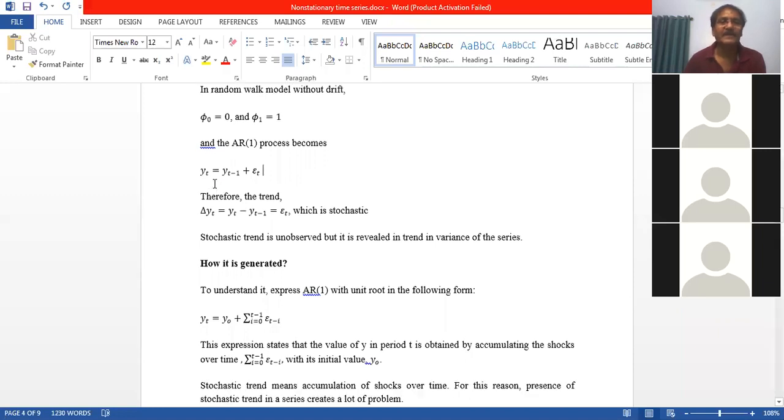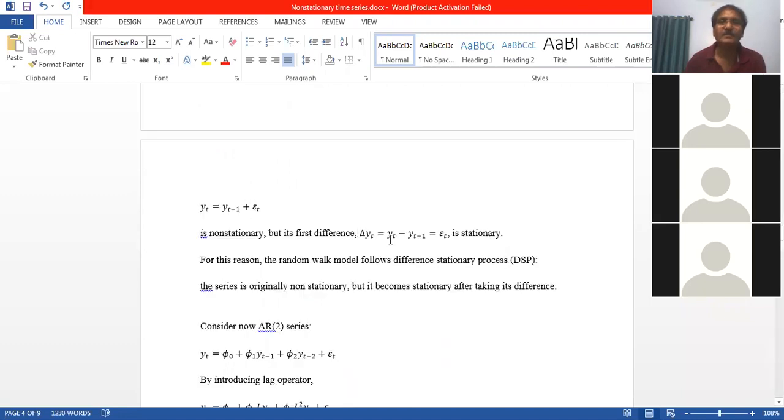Now, if we take the first difference of this series, your series is yt. If you take the first difference, the value looks like this: delta yt is equal to yt minus yt minus 1. So it is ultimately equal to epsilon t. So if we treat the first difference of the series as a separate series, yt is your original series.